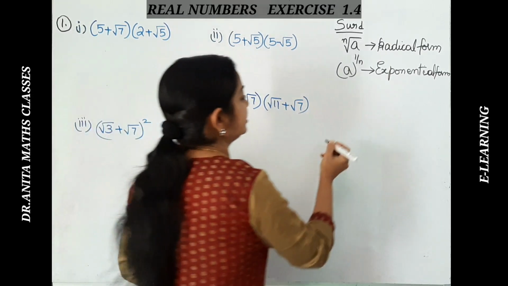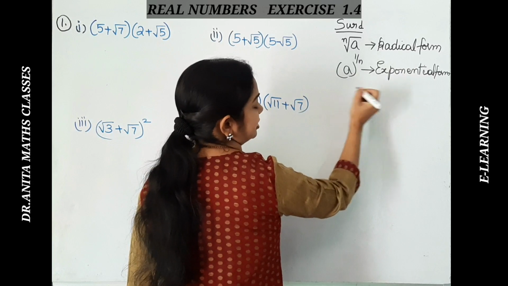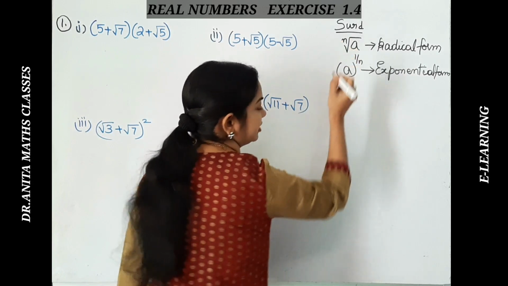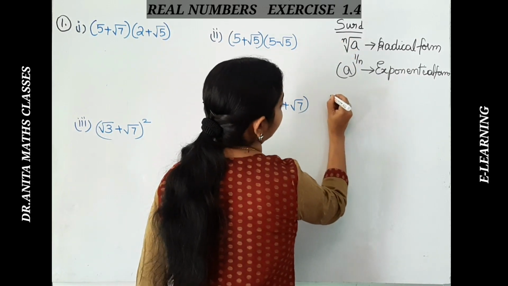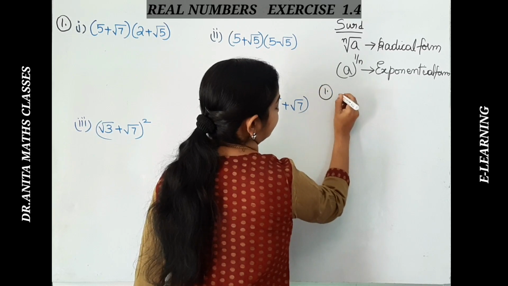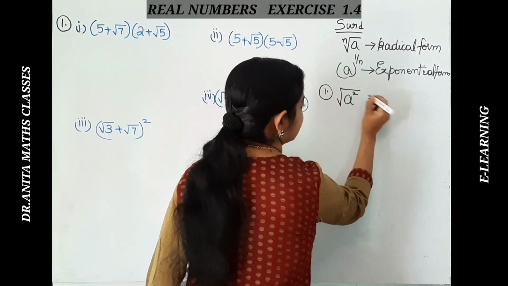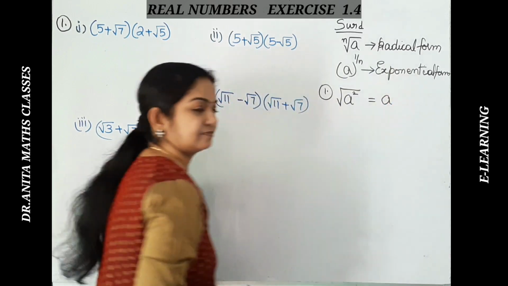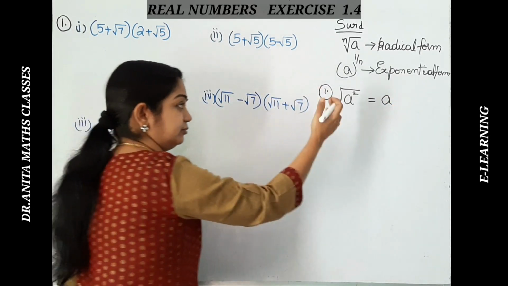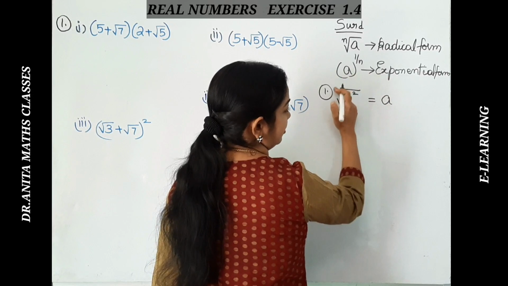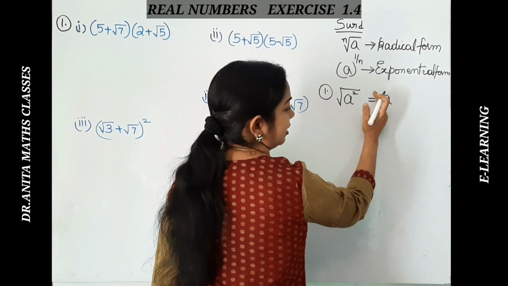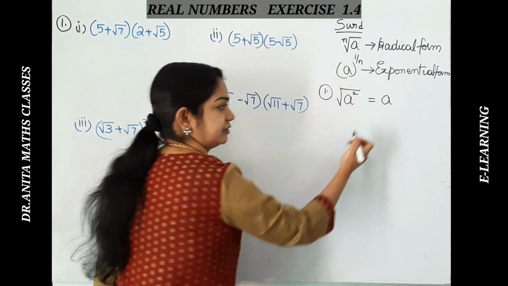Now let us revise a few more operations on real numbers involving surds. If I am taking, for example, the square root of a squared, this is simply a. We know this because if you turn this into the exponential form, it is a squared raised to the power of half, the 2 and 2 cancel off and we get a.